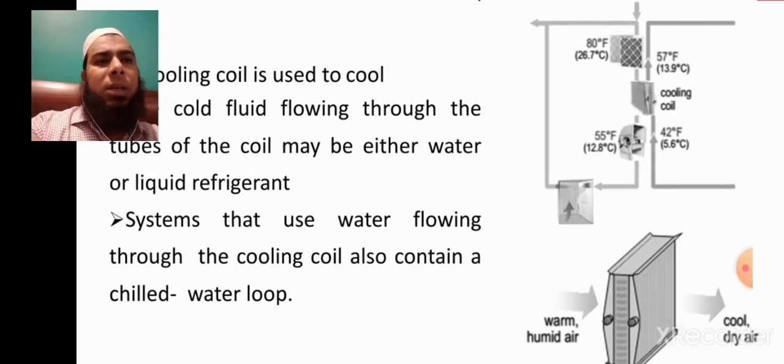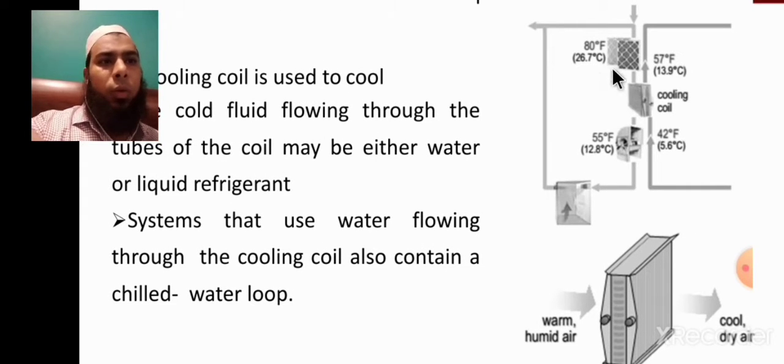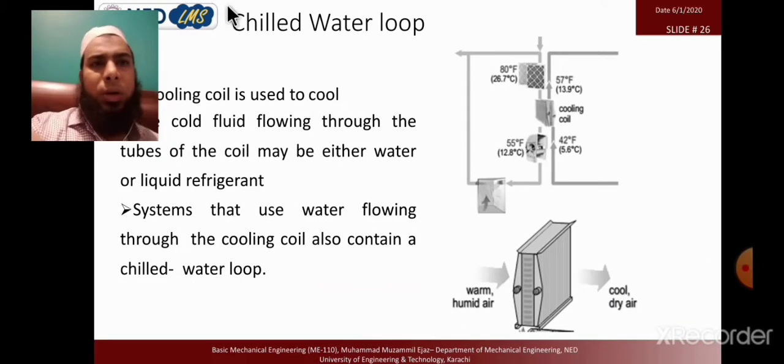So basically it is an air side loop, and the air side loop is cooled down by either a chill water circuit or a refrigeration circuit. If it is a rooftop unit or your home window AC or split AC, the air side loop is cooled down by refrigerant. But in industries and commercial offices, we have a lot of rooms and blocks to be cooled, and we have one single chiller.